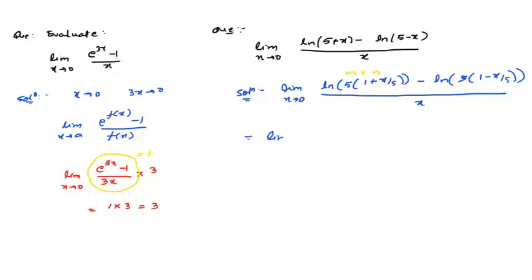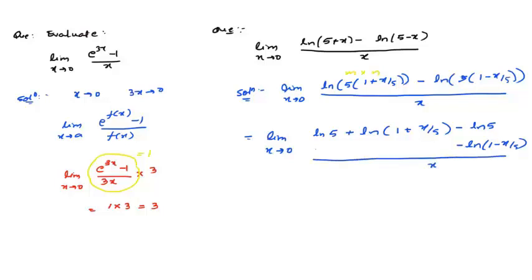So this expression will get converted to limit x tending to 0 of ln 5 plus ln of (1 plus x by 5), and similarly this will be converted to minus ln 5 minus ln of (1 minus x by 5), and this whole expression is divided by x. So this ln 5 and this ln 5 are getting cancelled out.